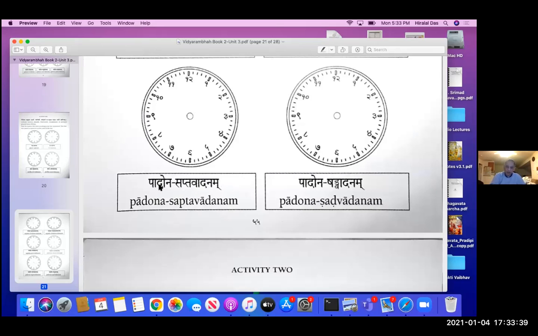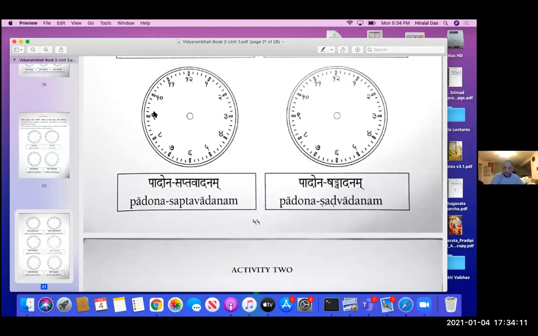First of all, how do you say Padona Saptavadanam? It would be 6:45. Yeah, once you know it is 6:45, the long hand would be at the 8. The long hand would be where? At the 8.